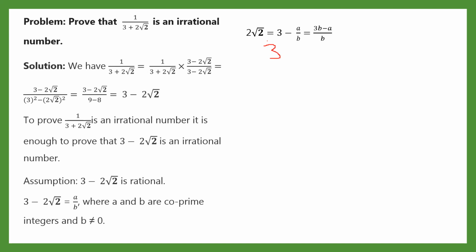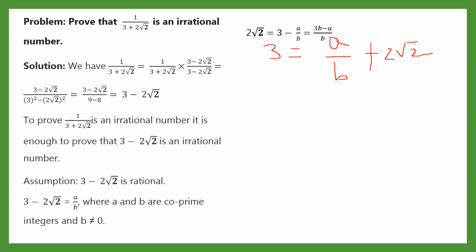3 is equal to a by b plus 2 root 2. We are taking that 2 root 2 to the right side, so it becomes plus 2 root 2.